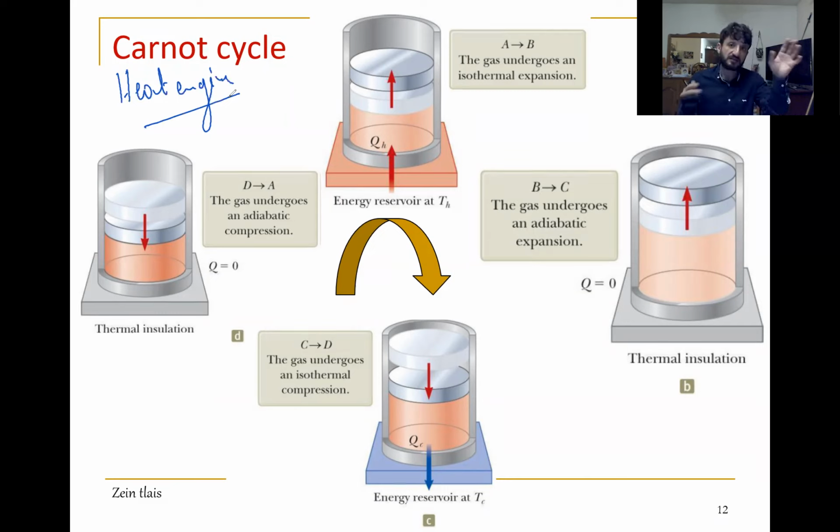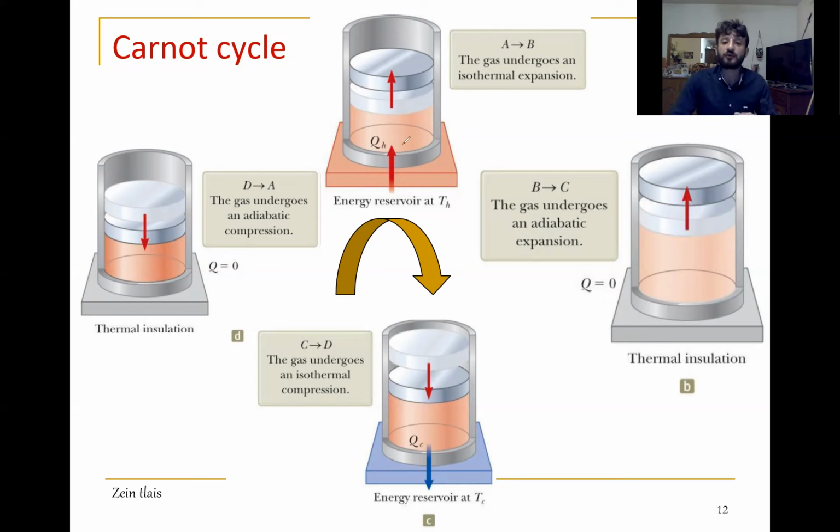First of all, this cycle is an ideal cycle. You cannot have it in nature spontaneously. You must have an external control. An external agent can control this kind of cycle.